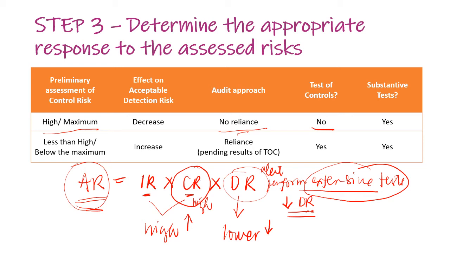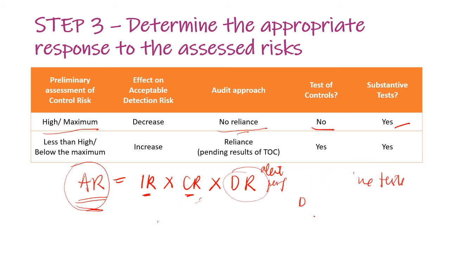You only test the controls that are reliable to ensure that they really do their function, that they can truly prevent, detect, and correct misstatements. Are you going to perform substantive tests? Yes, of course.